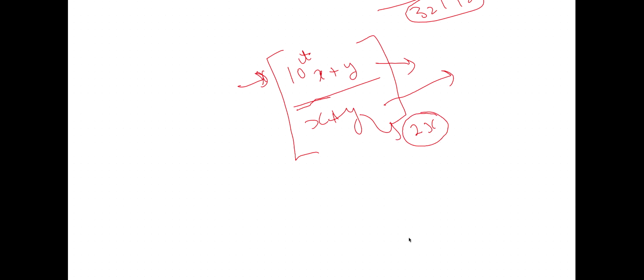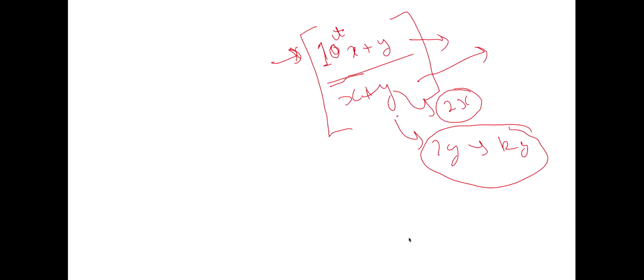You will ask why I took only 2 times x. Because I know this is my mathematical equation, and I have to somehow divide 10 to the power t x plus y by x plus y. Do you think that if I take some random 2y or ky, it will be helpful? No.